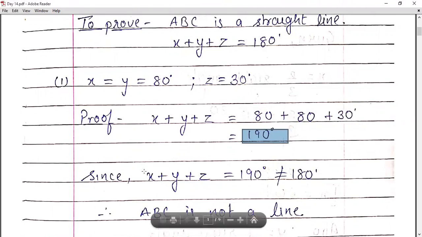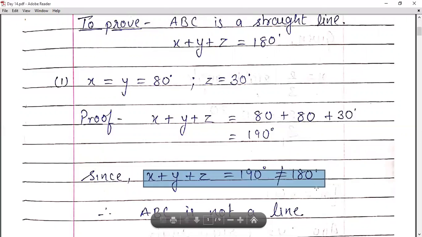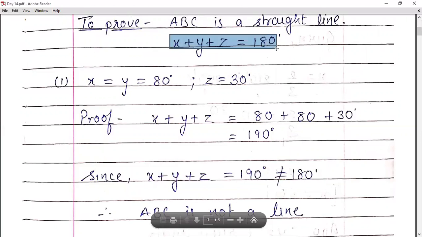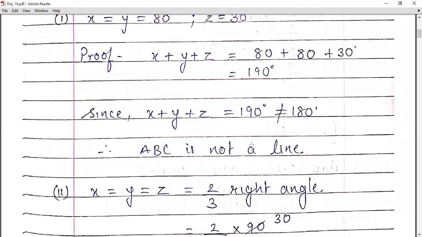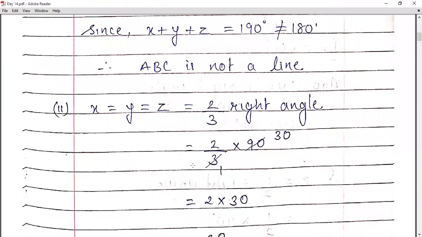Since X plus Y plus Z is equal to 190 degrees, that is not equal to 180 degrees. That means this proof is not correct. So ABC is not a straight line.